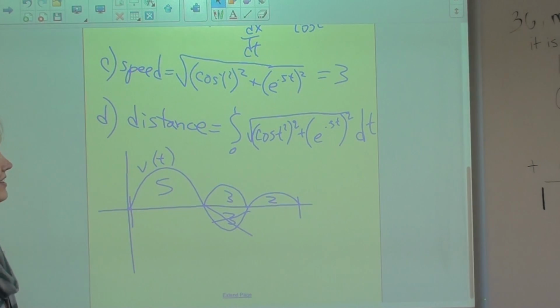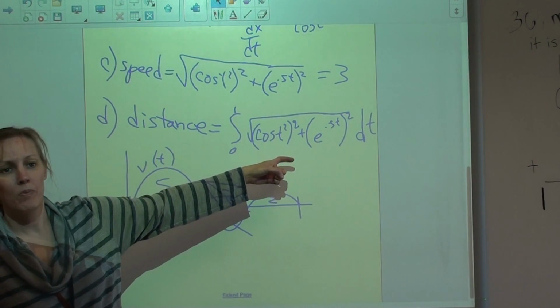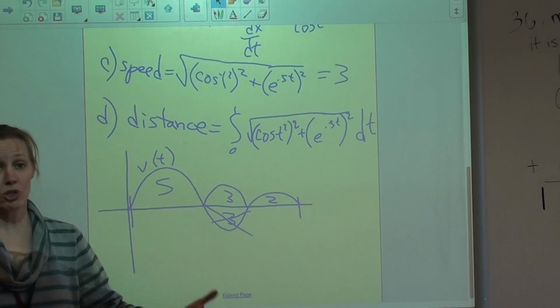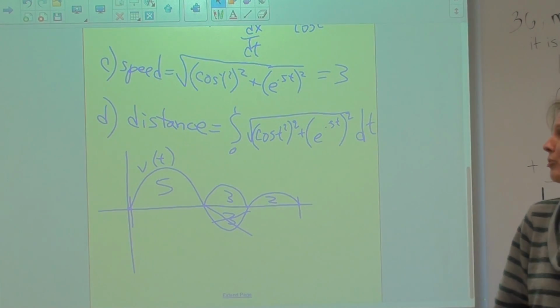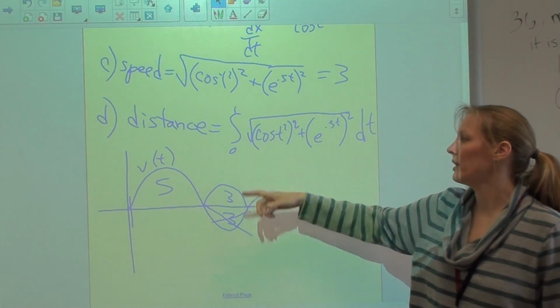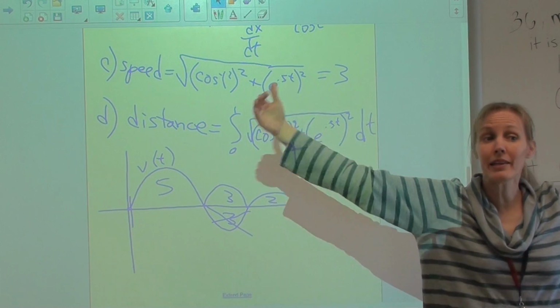Yes, Carrie. For the absolute value... You don't need an absolute value here. I know, but like, if you were doing distance, the integral of the absolute value of velocity, you put your integral in and then you put the absolute value with the velocity function inside of it, on the integrand, not on the outside of the integral.